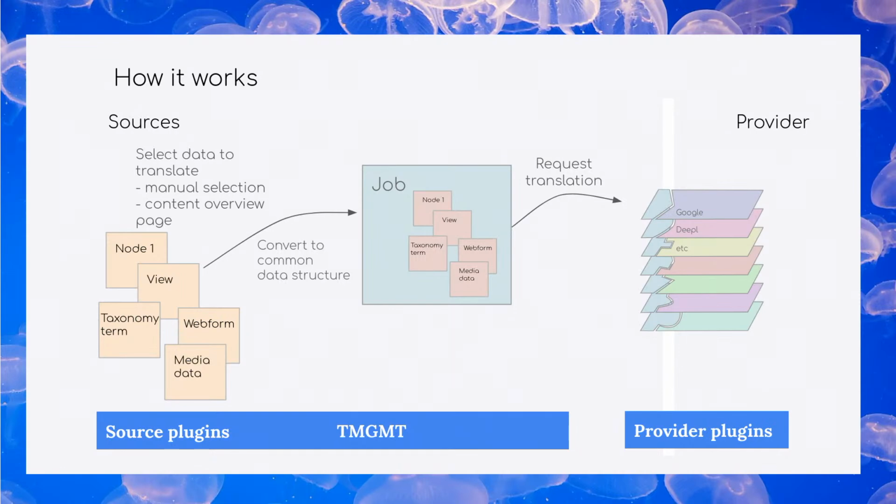So each provider has their own module with their own plugins that does the translation between the TMGMT API and the provider API, so that the logic is all in TMGMT, and this is just conversion stuff.